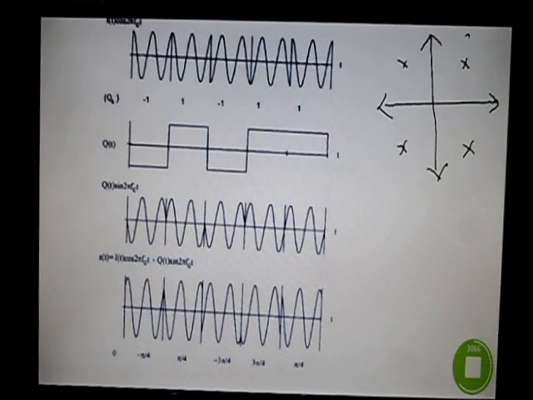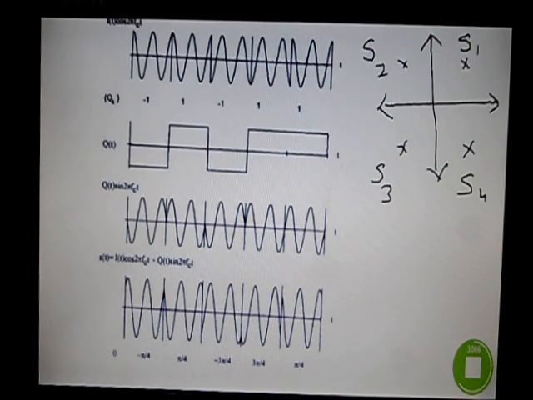And these 4 signal points are actually S1, as we learned earlier, S2, S3 and S4. These 4 signal points represent the data. S1 carries 1 1.